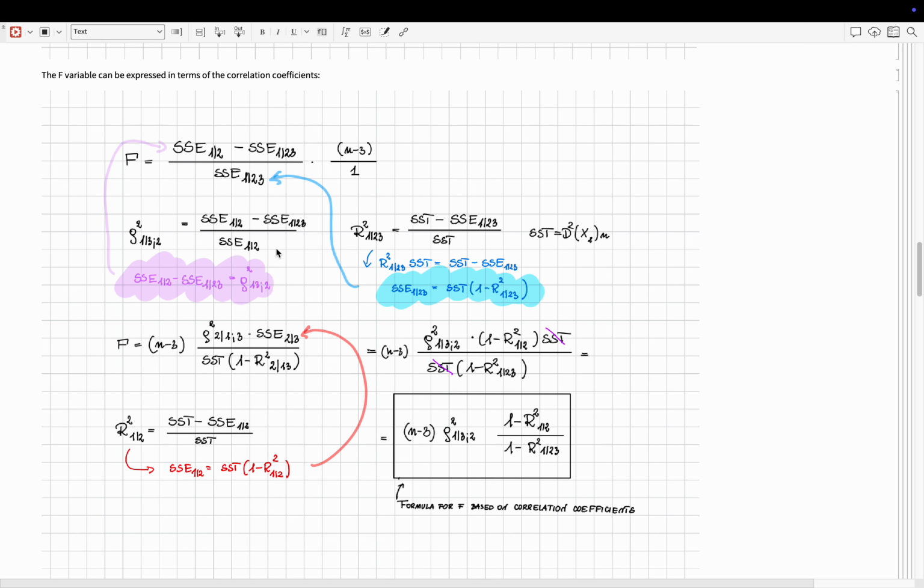And from this definition, we can express the numerator using the correlation coefficient multiplied by the sum of squares of errors of the reduced model. There is some information lacking here; it should be multiplied by the sum of squares of errors of the reduced model.